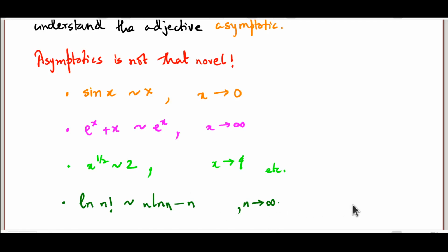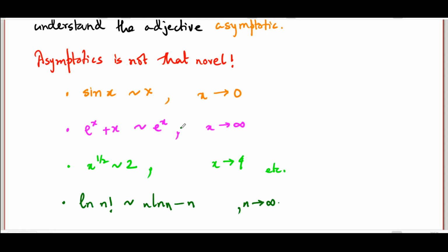Log n factorial is n log n minus n, as n becomes very, very large. That also is an asymptotic expression. So asymptotics in a sense tells us that two functions are close to each other, but not in the sense that the difference necessarily vanishes, as you can see from the example of these two functions.